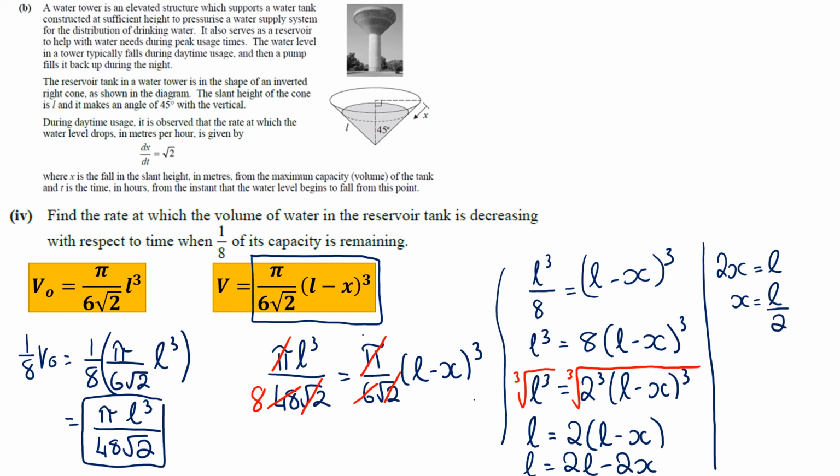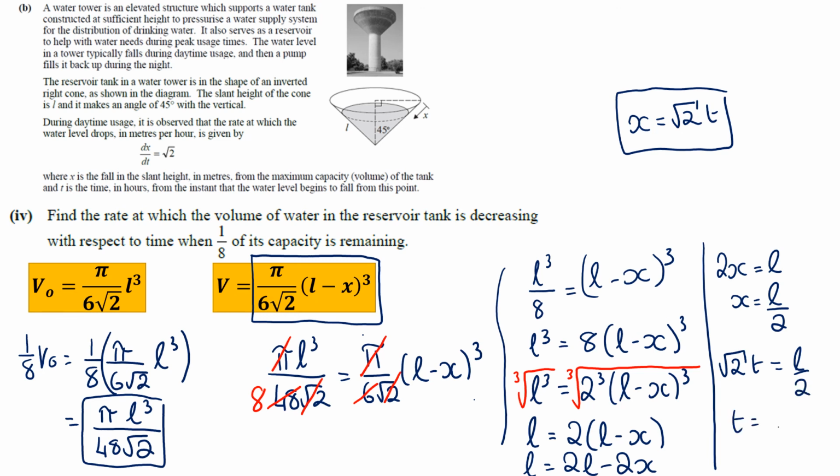Now, remember that we worked out in the last part that x was equal to root 2t. So I have root 2t is equal to L over 2. Dividing both sides by root 2, I get t is equal to L over 2 root 2. So now I know the time when the volume of the water is 1/8 of the capacity.